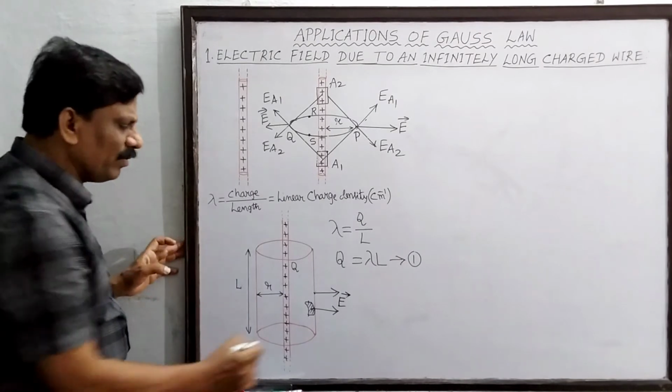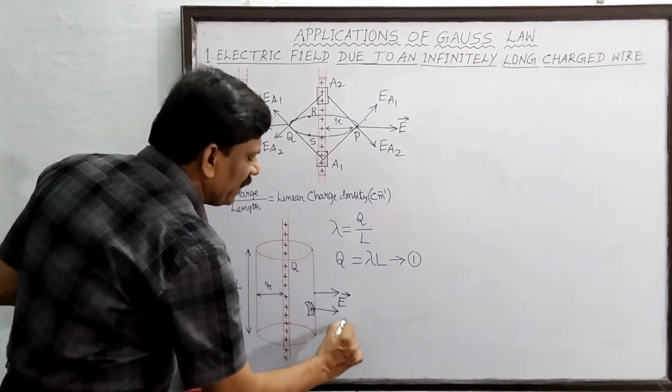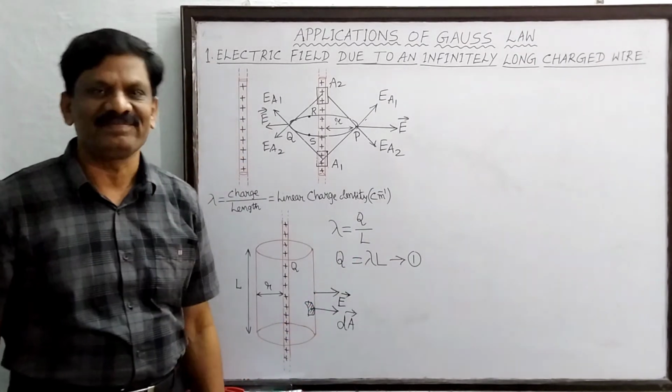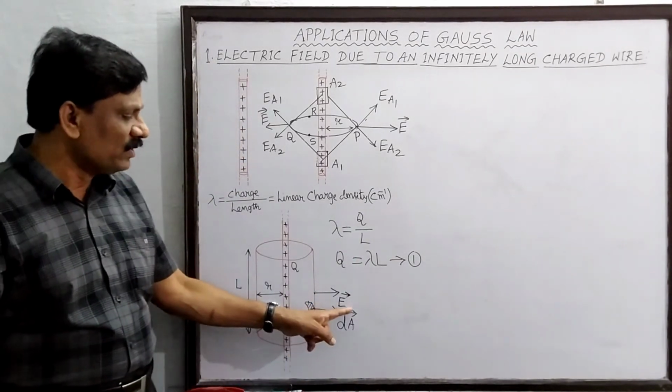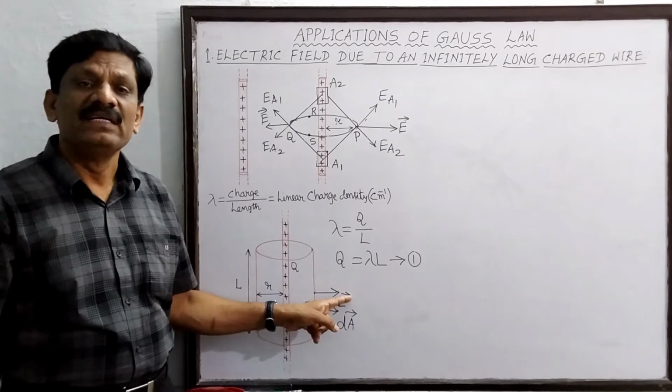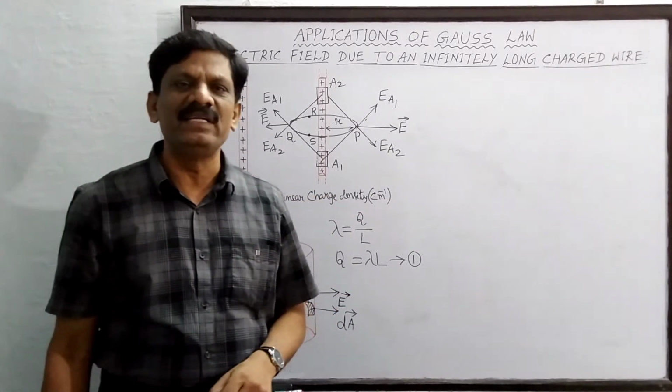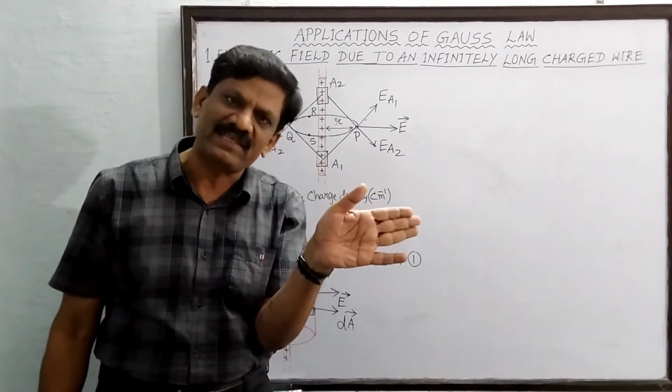The normal drawn to the elementary area will give you the direction of the area vector. Now you see the direction of the electric field is outward, and the direction of the elementary area vector dA also is along the direction of E.